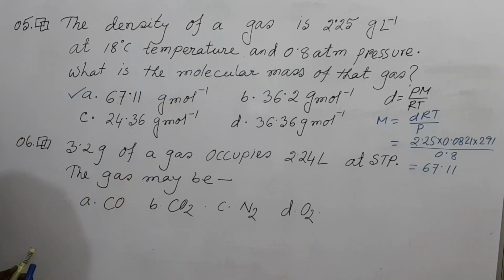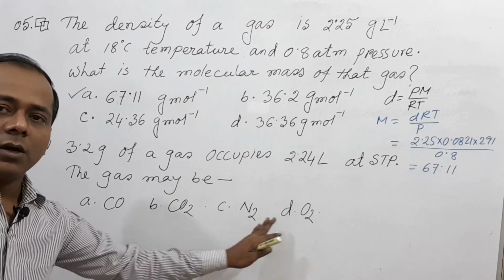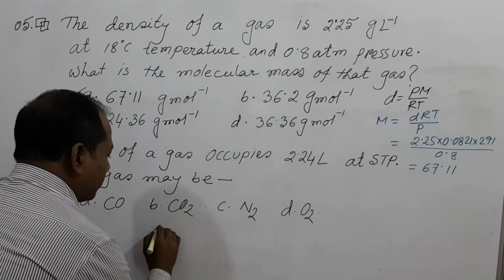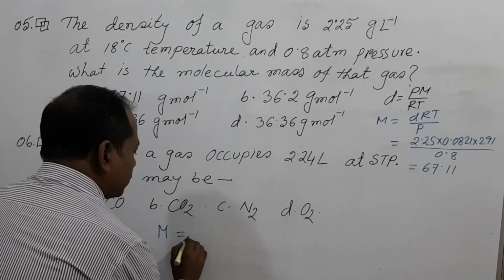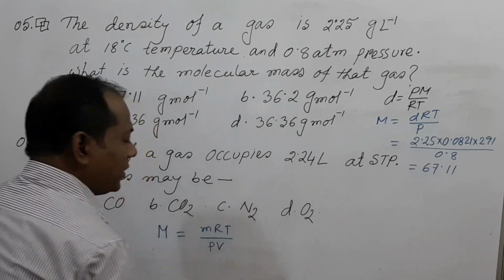3.2 gram of a gas occupies 2.24 liter at STP. The gas may be carbon monoxide, carbon dioxide, nitrogen, or oxygen. We know that M equal to mRT divided by PV.